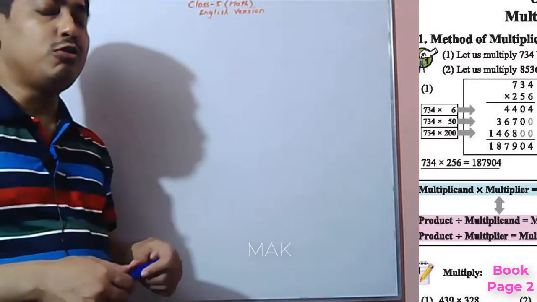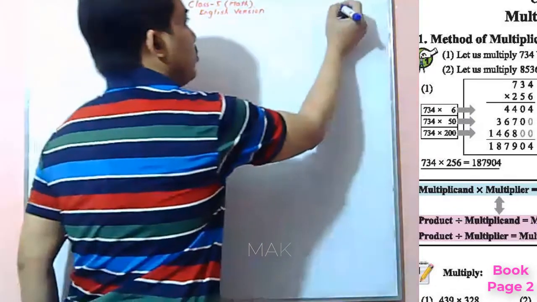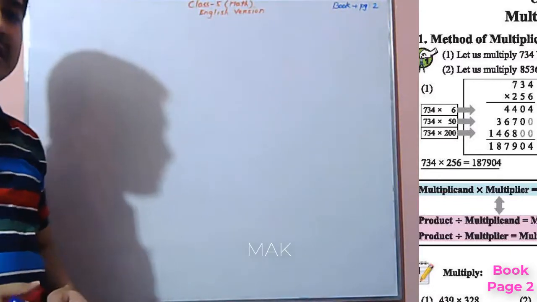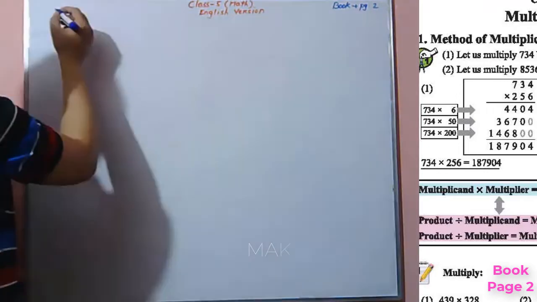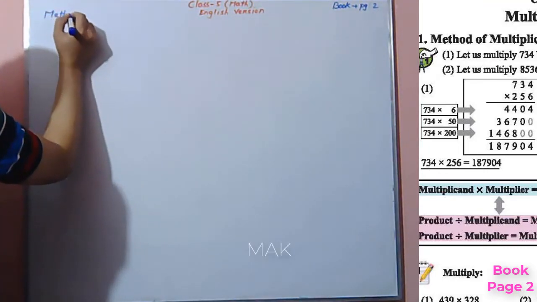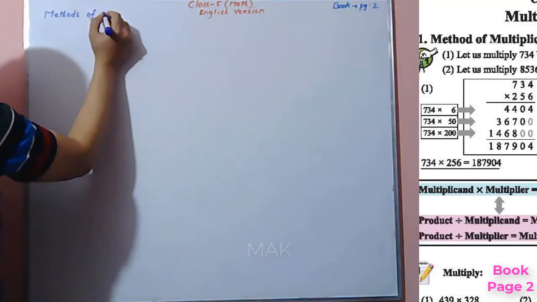In your book, please go to page 2. On page 2 you will see the very first thing written there is methods of multiplication. Let's write that one. Methods of multiplication.